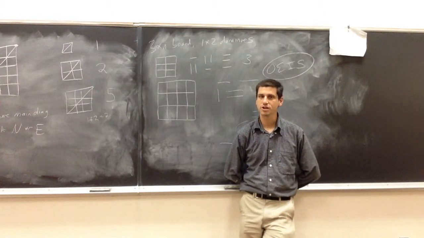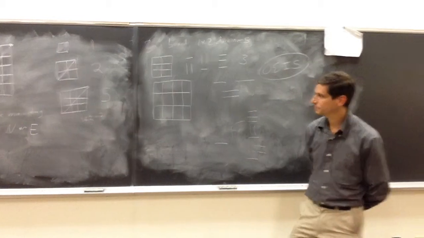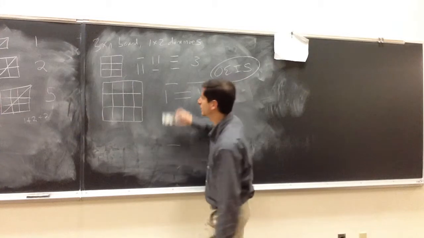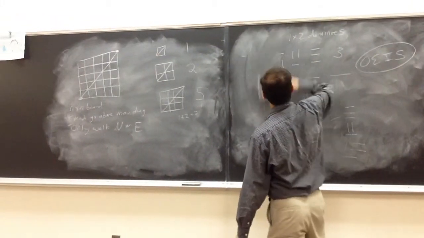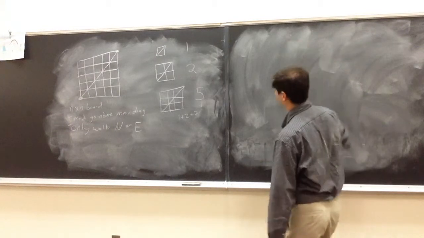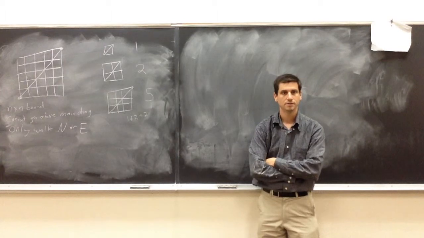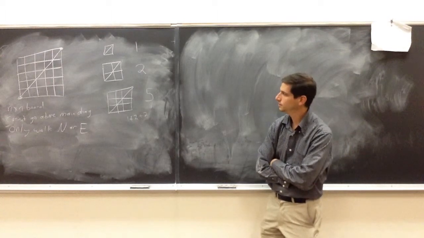So I want to somehow break things up into what we've done before. Yes? Well, there's always going to be a smaller n by n square embedded in the bigger one. Okay. And one path will always take you to the extreme diagonals of the smaller square.